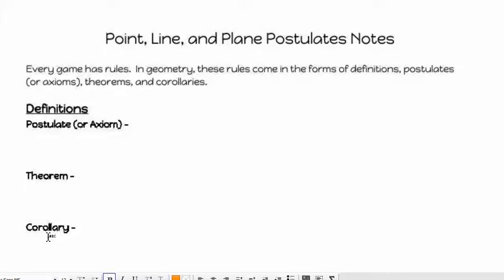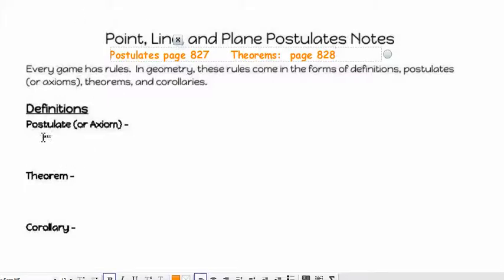You'll find that there are a vast number of theorems, fewer postulates, and fewer corollaries that we will work with in our textbook. If you want to see all of the possible postulates or theorems that we're going to be dealing with throughout the year, you can find the postulates listed on page 827, and you can find the theorems starting on page 828. They go on for about 5 pages, so there's more theorems than postulates.